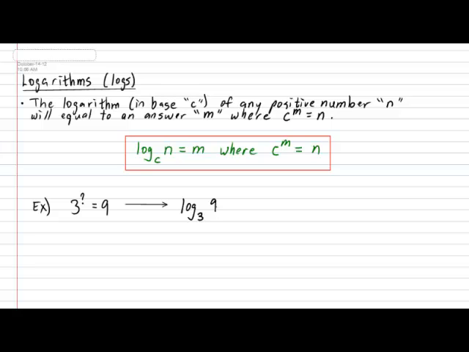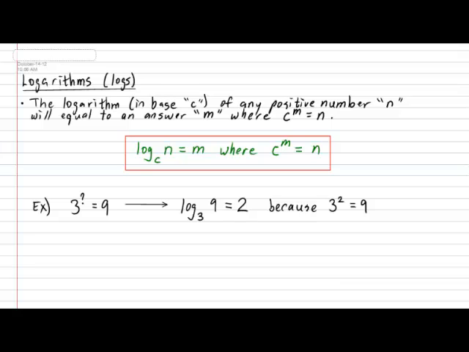And the usefulness of a log function is that it tells us what the exponent should be on the base 3 so that it will produce the number 9. And as we all know, that will be 2. And this statement is true because the base 3 exponent the result from the log, which is 2, does give us back the number that we were logging, which is 9.